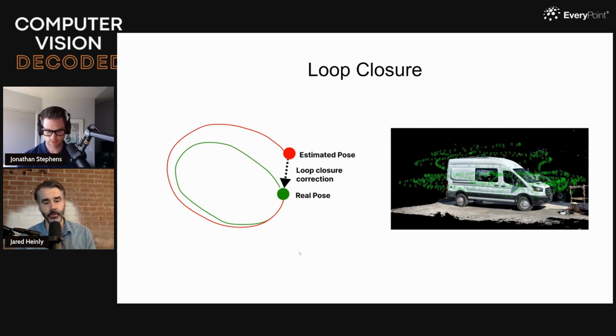So where loop closure comes into play is if I'm able to come back to a place that I've been to before and look at a similar part of the scene, that 3D reconstruction software is going to be able to recognize that and say, oh, okay, these two very separate points of that walking path, of that trajectory, should be the same or very similar.